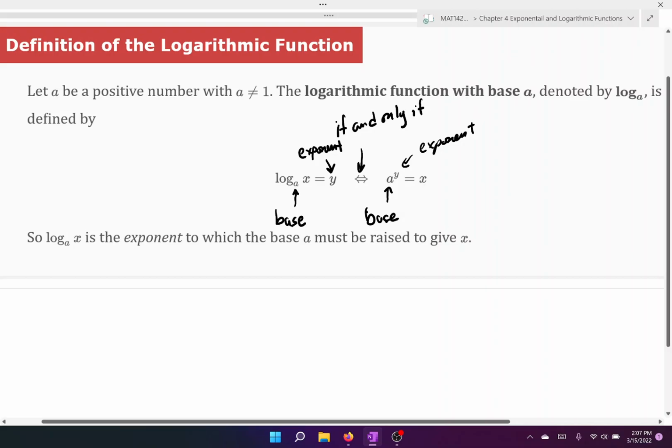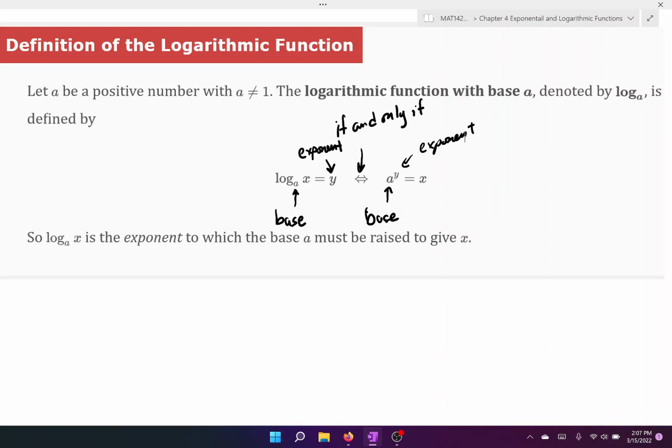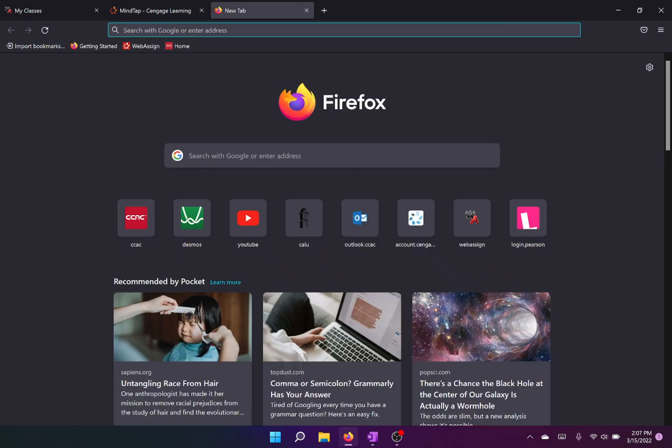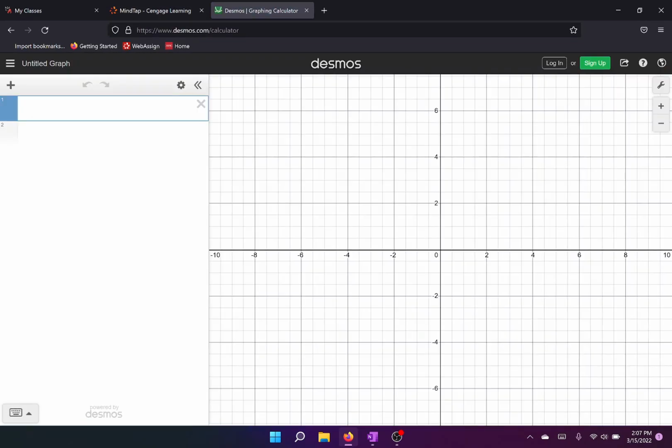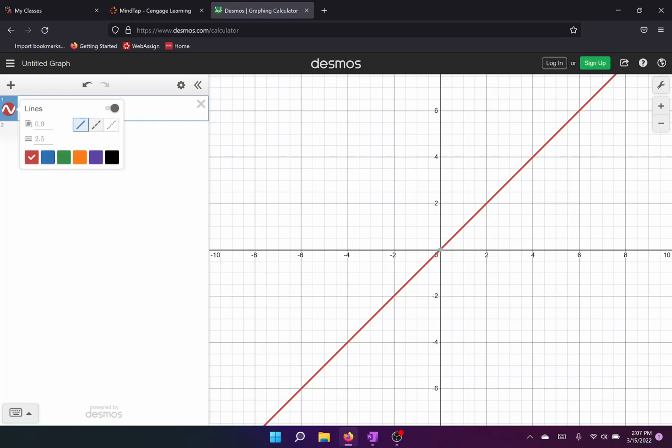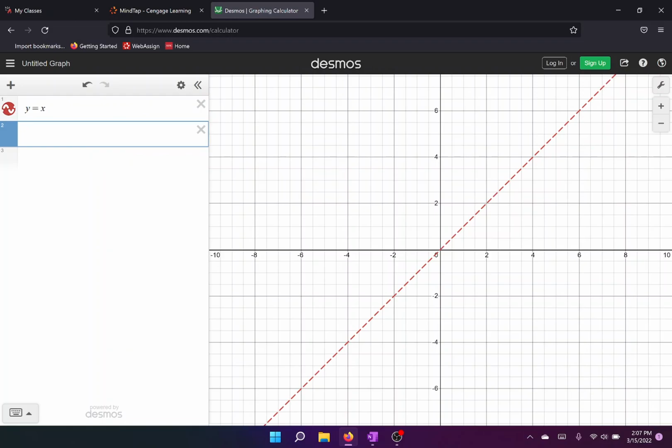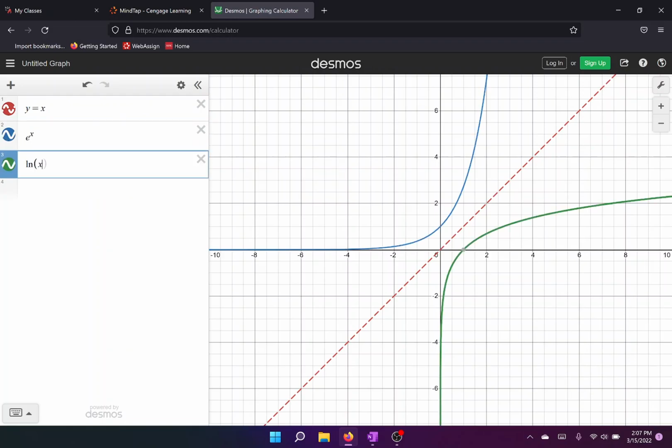And then in the previous video, I also gave a picture of what these two things look like. And I used two very special situations. So let me go back over to here. Let me get out Desmos real fast. Okay. And the ones that I looked at were, first I said, well, y equals x. We're going to do a dotted line of that. And then I said, we're going to look at e to the x and then the ln of x.